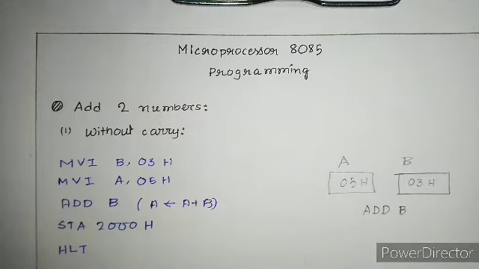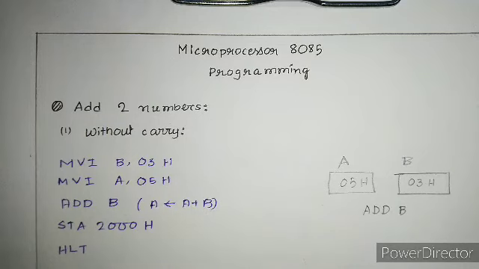So let's start. The easiest program that you can do is adding two numbers. So we will also start from there. My first example is we have to add two numbers that don't generate any carry.